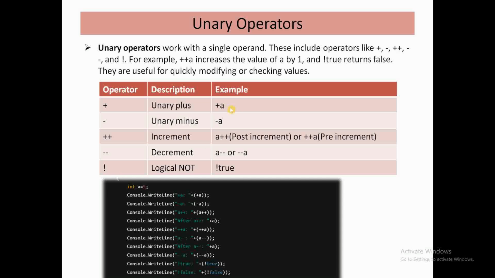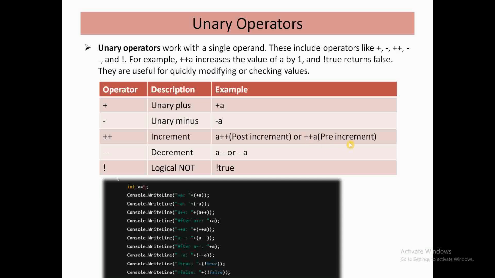Here are the examples: plus a, minus a, plus plus a. This one is post increment. Suppose we have b is equal to a plus plus. First it will give the value of a to b, then after that it will increment the value of a. This is the behavior of post increment.